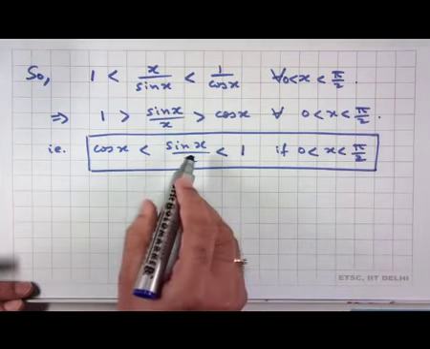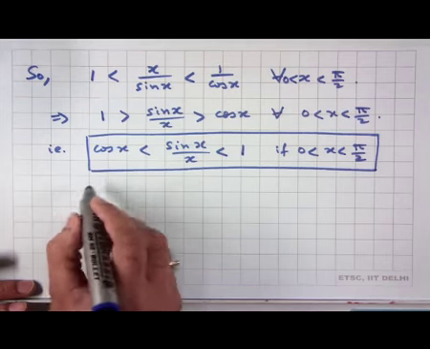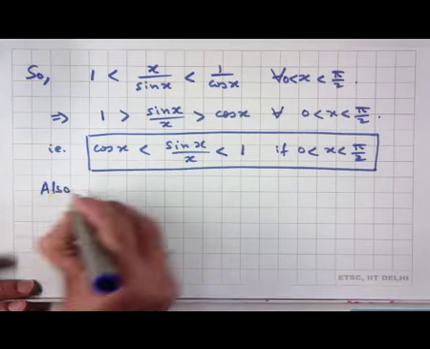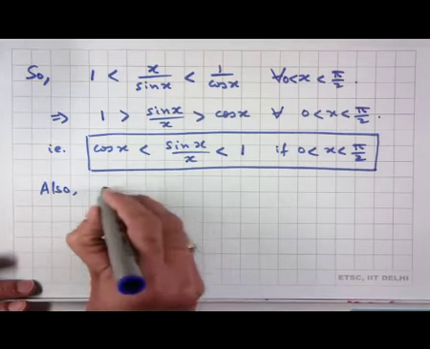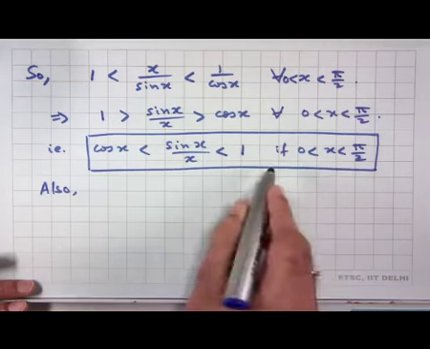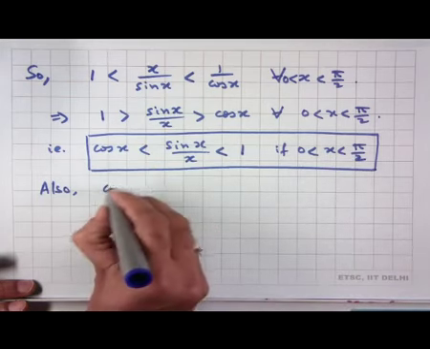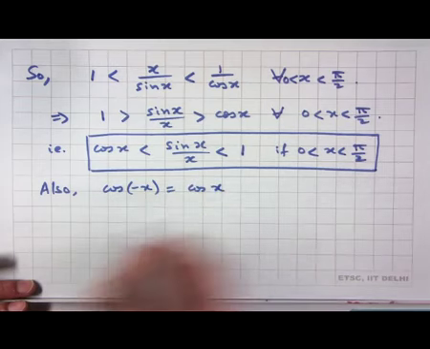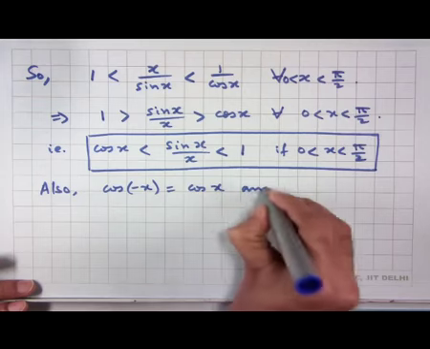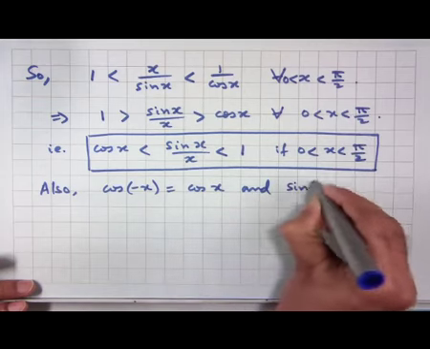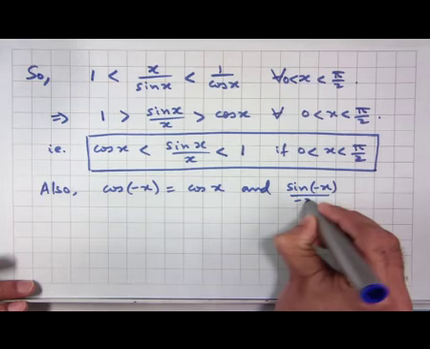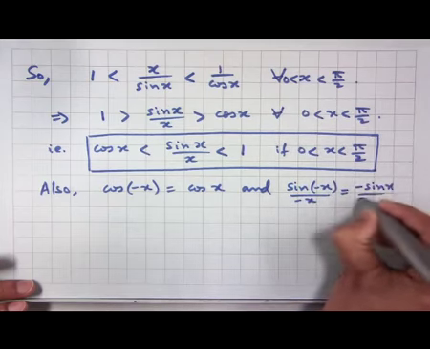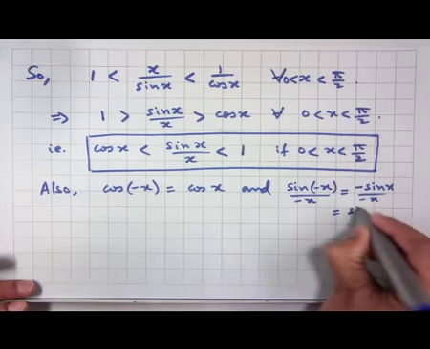So, also, if I replace x by minus x, we note that cos of minus x is nothing but cos of x, and sin of minus x divided by minus x, because sin is an odd function, this is minus sin x divided by minus x, which is again equal to sin x by x.